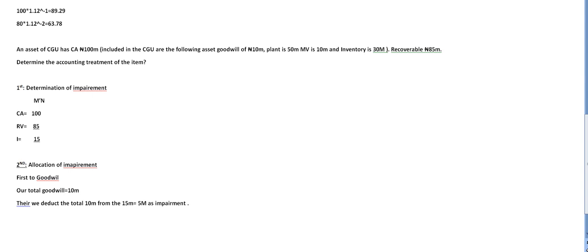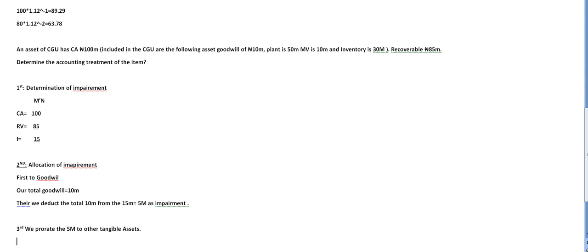Is that not so? So thirdly, we prorate the 5 million remaining to other tangible assets. How do we prorate now?